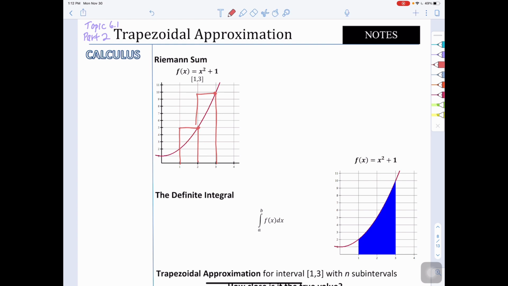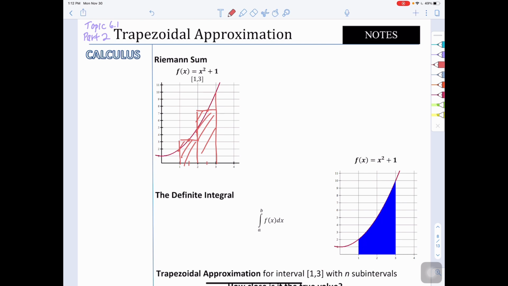And then we used the midpoint. Let's just say the midpoint of both of those is there, and that was our height. And then that's about right there. That was our height.